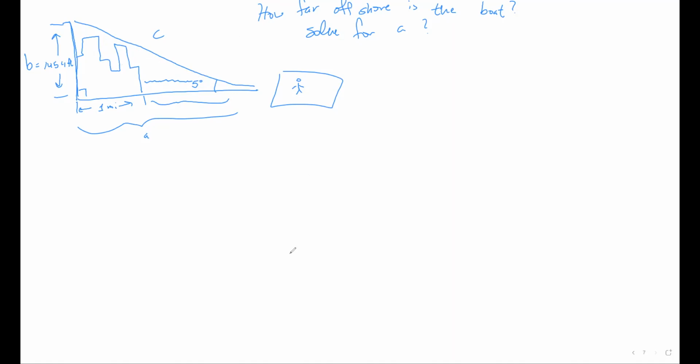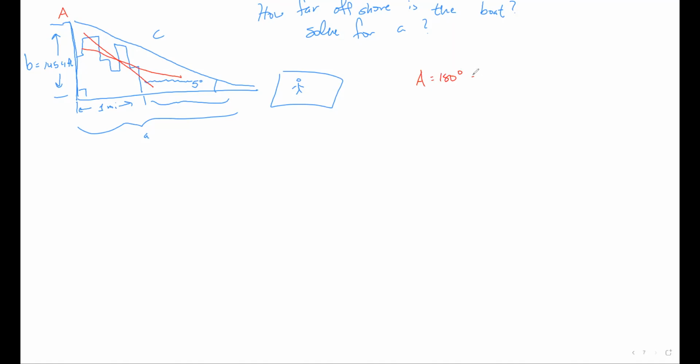Let me change colors real quick. So we can use law of sines using this and this. What do you think about that? Okay, so we can do that, and that would require us to solve for capital A. But we can do that, right? We can just solve for it using the other two angles.